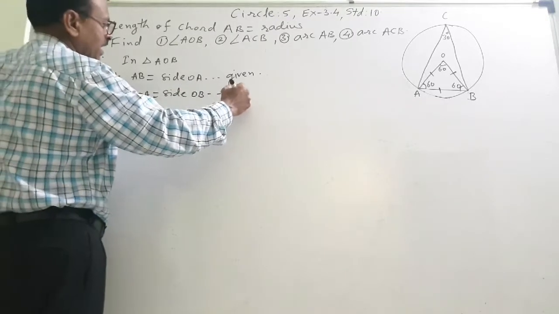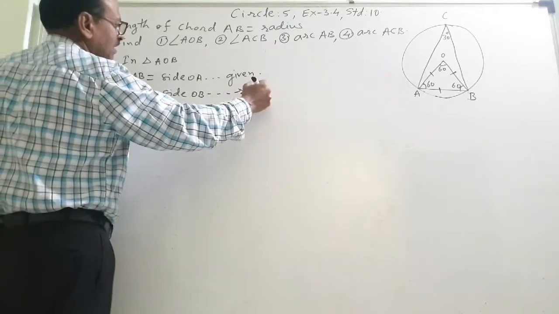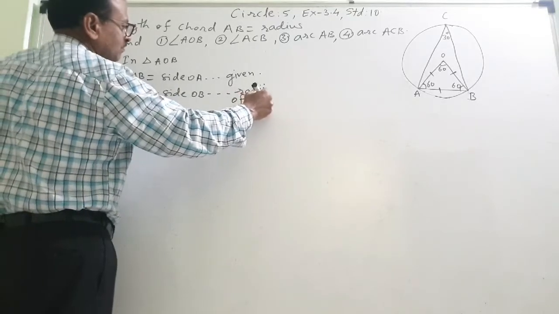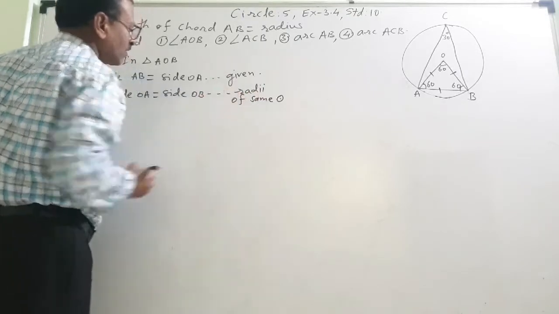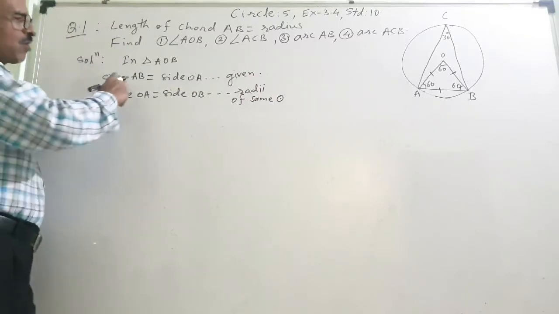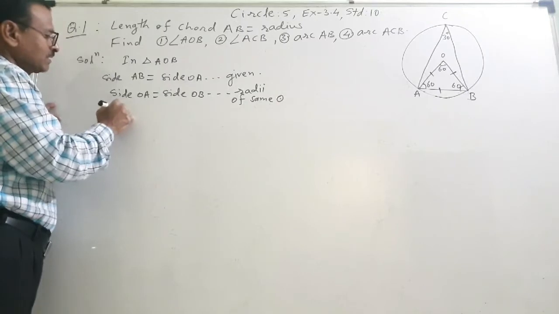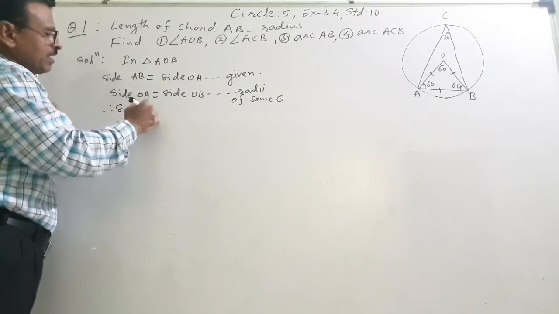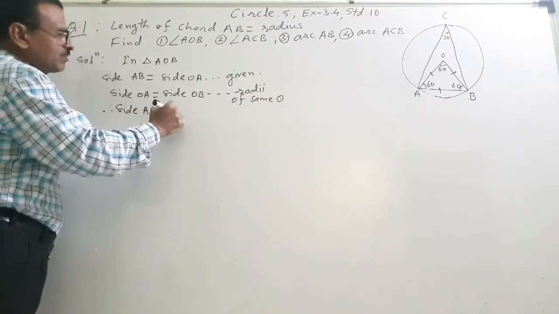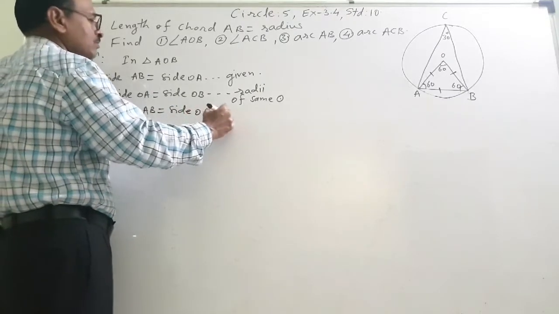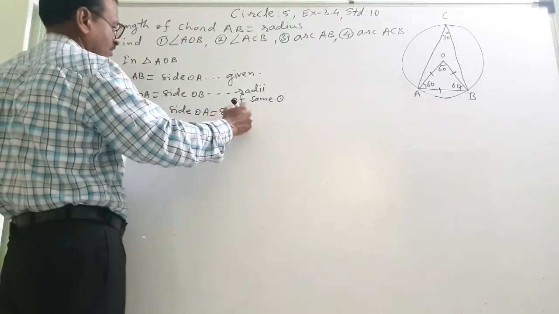This is radii of same circle. So AB is equal to OA, OA is equal to OB. Therefore, side AB equal to side OA equal to side OB.